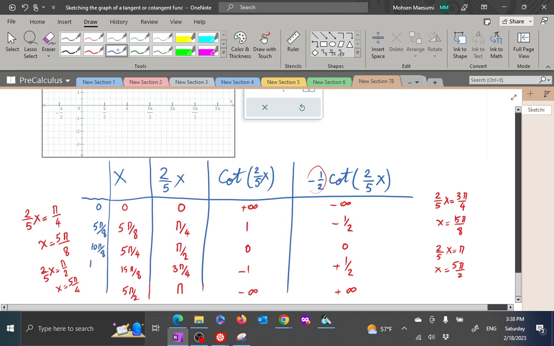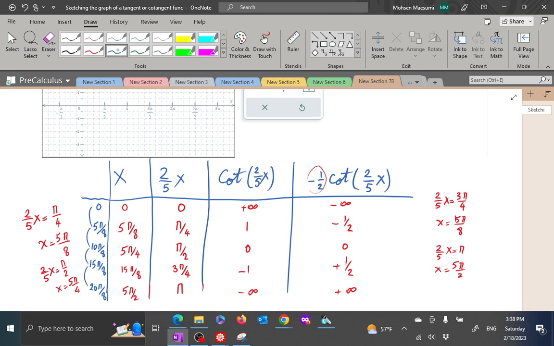Multiply this by nothing, 15 pi over 8. Multiply this by 4, 20 pi over 8. So the block that we are going every time is a 5. We are going 5 blocks, where each block is pi over 8.